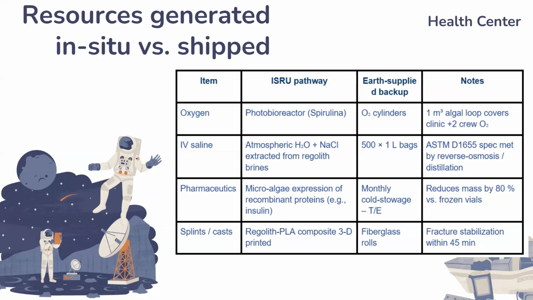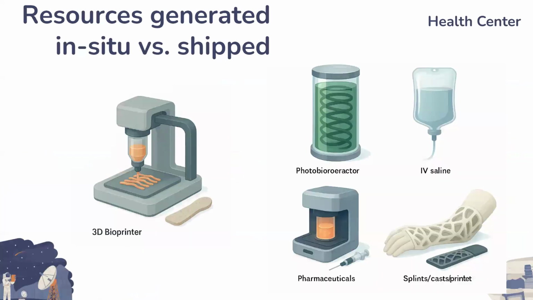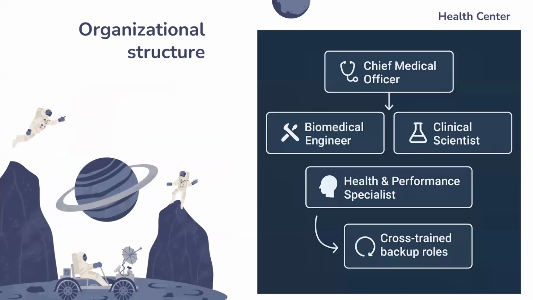Using this approach, it has been seen that a fracture brace can be printed, hardened, and applied, all within 45 minutes. So these can be used in our long-term missions. Yeah, these are some illustrations of futuristic bioprinters, photobioreactors, and the cast.